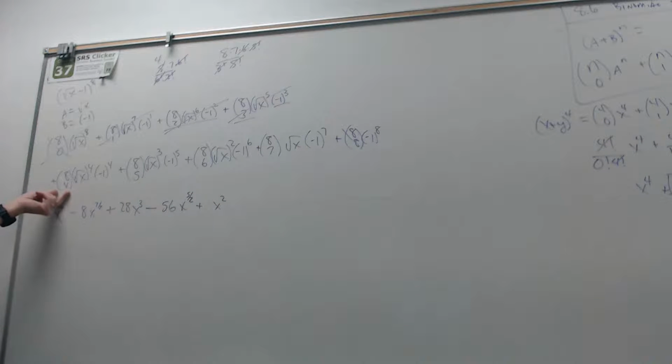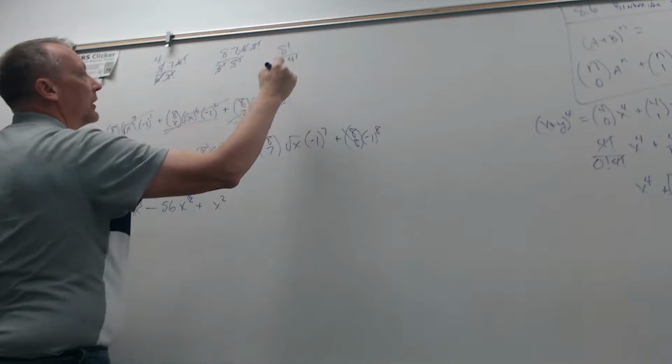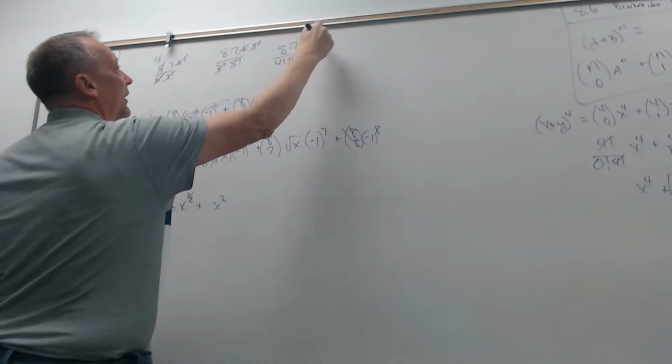Now, Kelly, can you help me do this one? So it's going to be 8 factorial over 4 factorial, 4 factorial. So 8 times 7 times 6 times 5 times 4 factorial, right?